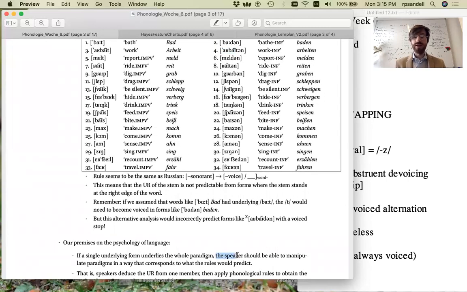And this means that native speakers should be able to use those paradigms in ways that correspond to what the phonological rules that we can discover would actually predict.